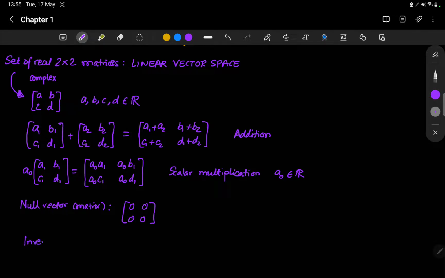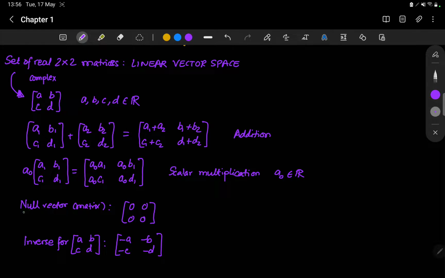Similarly, we can see what the inverse is. The inverse for the A, B, C, D matrix would be simply minus A, minus B, minus C, minus D. So the inverse exists for each and every 2 cross 2 matrix.